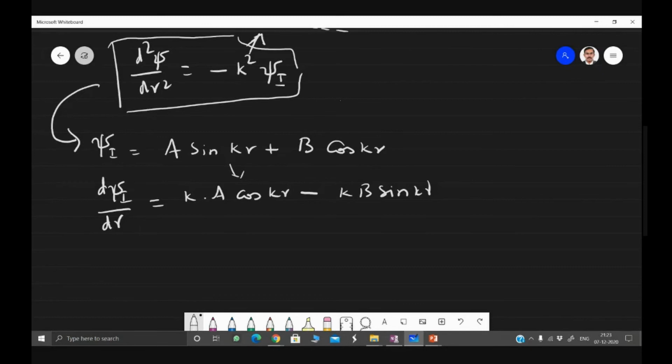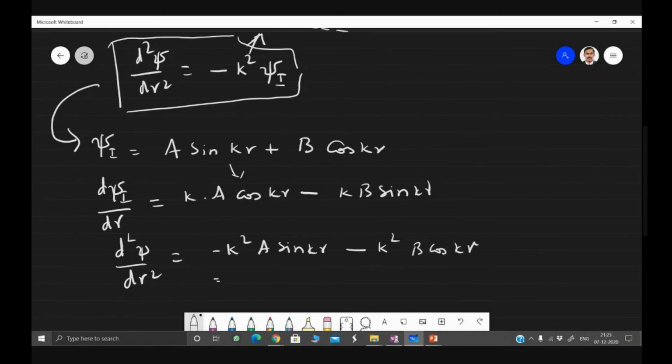If you differentiate it again, what do you get? d square psi by dr square is k square a sin kr minus k square b cos kr.